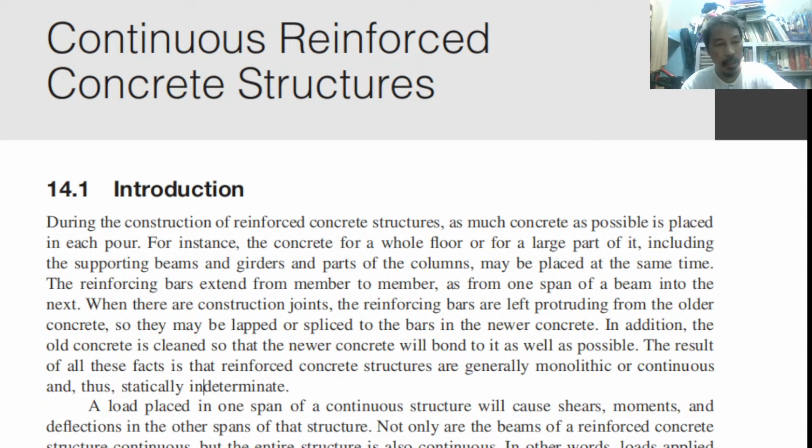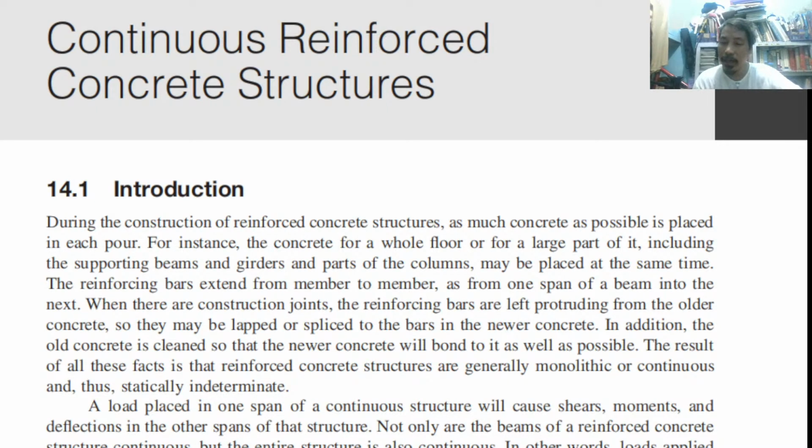Those major points and some others will likely give us stage by stage, piece by piece construction work. For instance, the concrete for a whole floor or for a large part of it, including the supporting beams and girders and parts of the columns, may be placed at the same time.